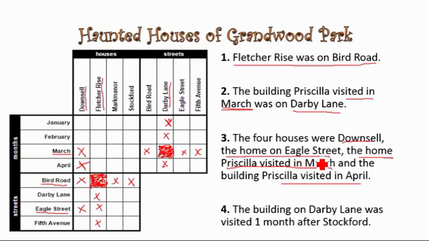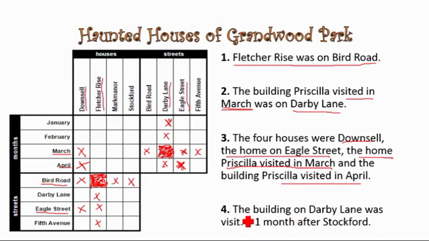The home on Eagle Street is not the one that Priscilla visited in March. We know that because we know Darby Lane was visited in March. And it's not the one she visited in April. So we can also put an X there. Eagle Street meets April. Put an X. And obviously the house she visited in March is not the one she visited in April. So there's just more ways to deduce information from the clues that are given.